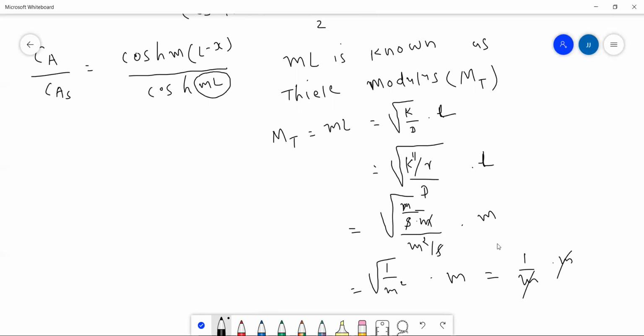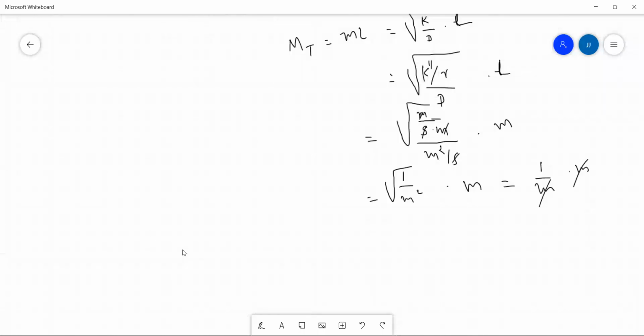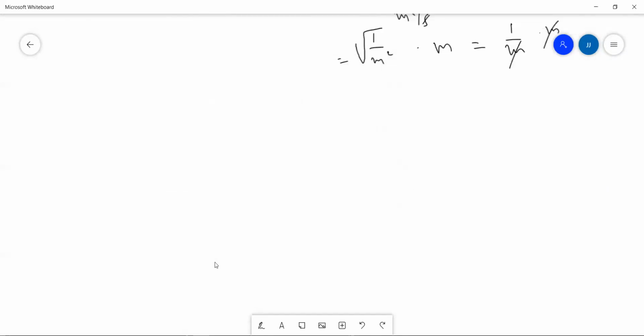Concentration in pores versus fractional distance into the pore, which is x by L, right?